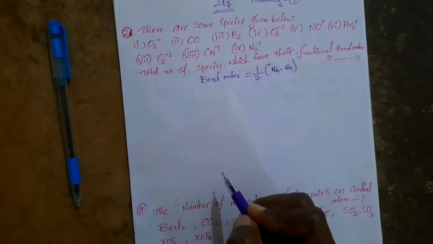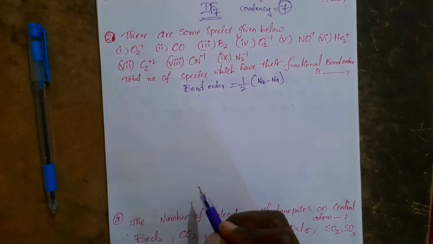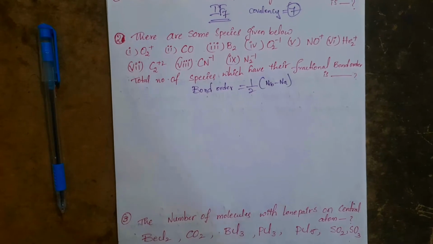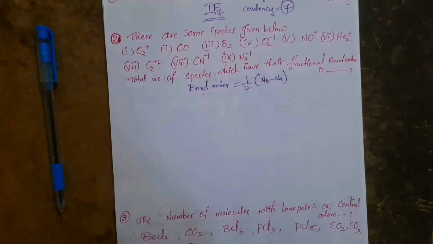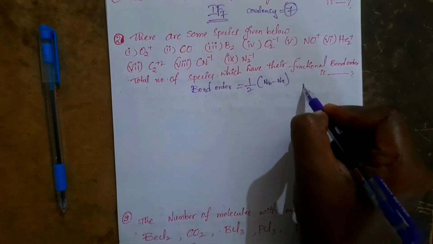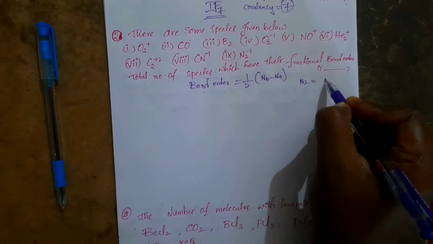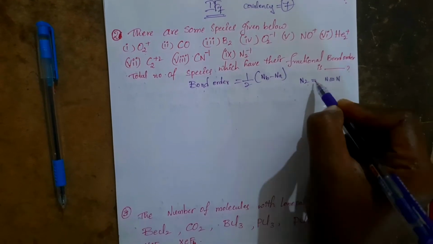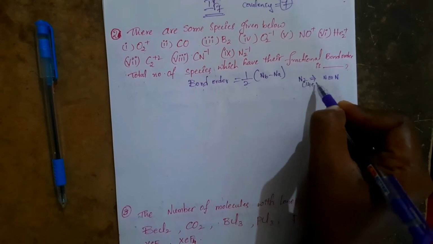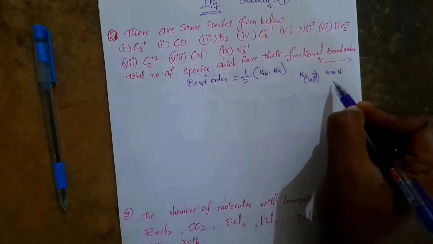Bond order is nothing but the number of bonds present between the atoms. In this case, how many bonds are present between these molecules? Simply, you all know about the nitrogen and oxygen molecules. In nitrogen, a triple bond is there between the two nitrogen atoms. Nitrogen contains 14 electrons, so a 14 electron molecule will have 3 bonds between the atoms.